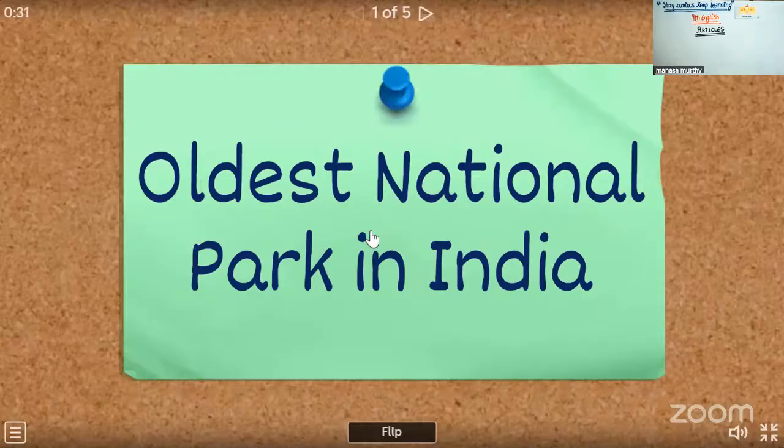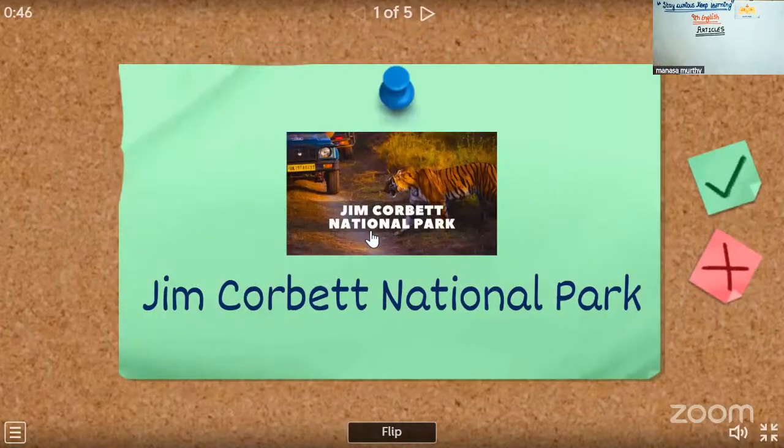From mistakes we learn, not an issue. Oldest national park is Jim Corbett National Park. Where is it, ma'am? It is in Uttarakhand, and it is one of the famous national parks in the country, known for its tiger population. Most tigers are in this national park, Jim Corbett National Park.